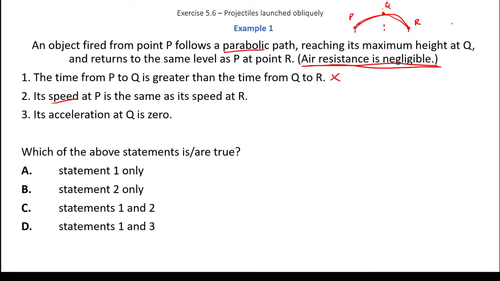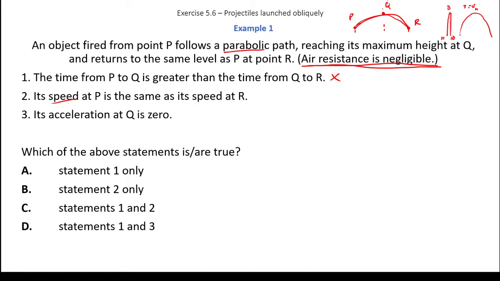Because if we thought of the thing that just goes straight up and comes back down, as it goes up, let's say it starts at 10 meters per second, at the top it's at 0 meters per second, and then comes back down, it's at 10. The exact same thing is when it's like this, there is just an added in horizontal component. This might be the horizontal velocity is 3 all the way across.